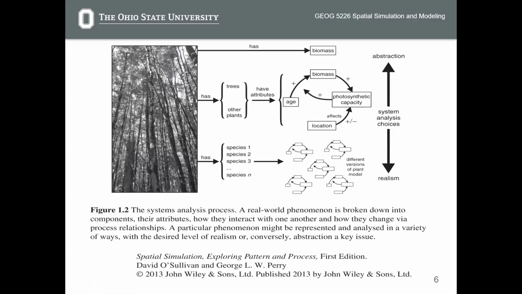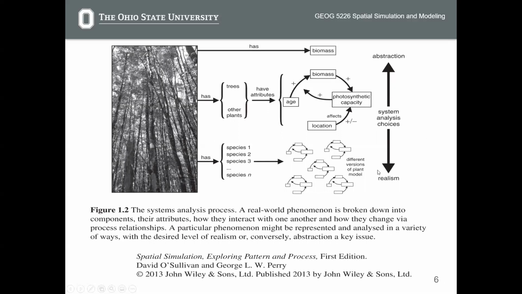If you do not demand too much information about this forest, you can prefer abstraction, which means that you can create a very simple conceptual model. This forest has biomass. That's it. You can simply use one single variable, which is biomass, to address this complex system because you don't care about more details. We just want abstraction.